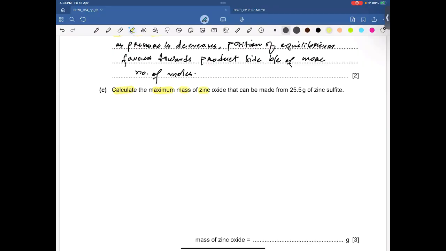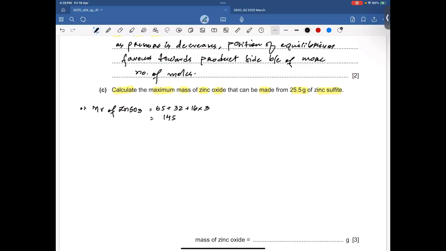Calculate the maximum mass of zinc oxide that can be made from 25.5 gram of zinc sulfide. So first of all, take out the MR of zinc sulfide. Zinc sulfide is basically 65 plus 32 plus 16 times 3. So technically the MR of zinc sulfide is 145.